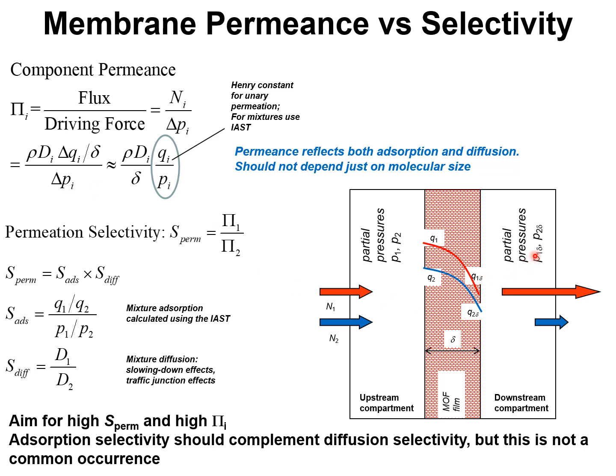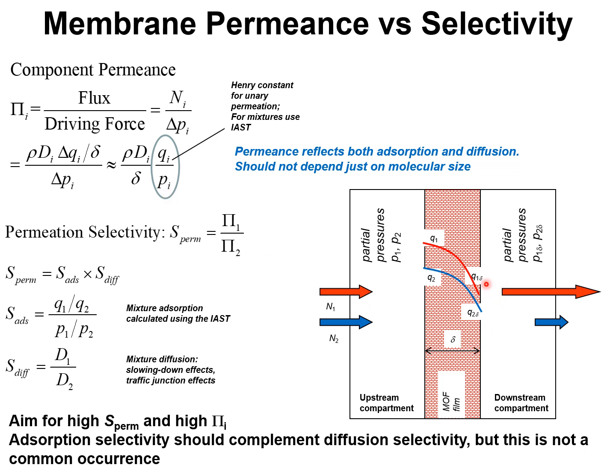If the downstream pressures are significantly lower than the upstream partial pressures, then delta Pi may be replaced by just the partial pressures in the upstream compartment.